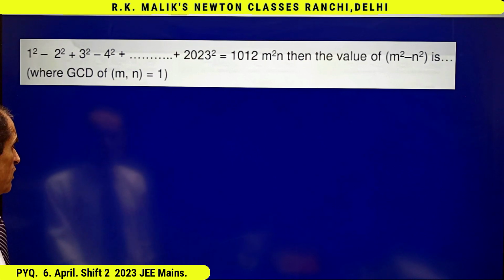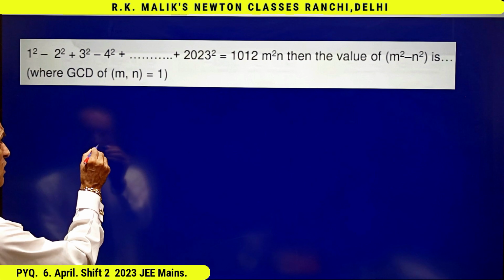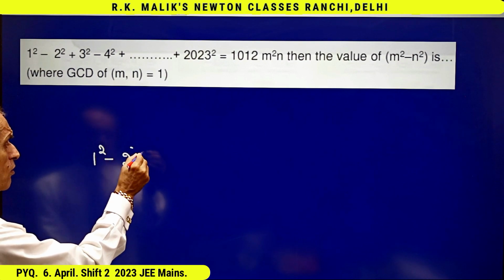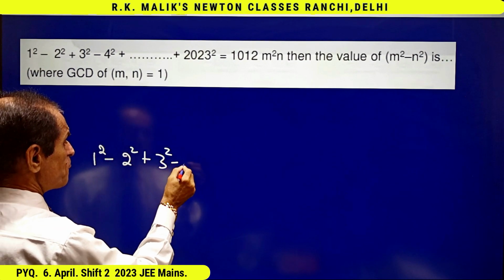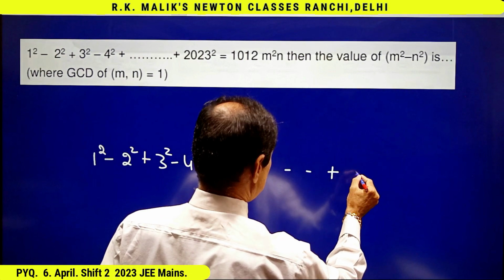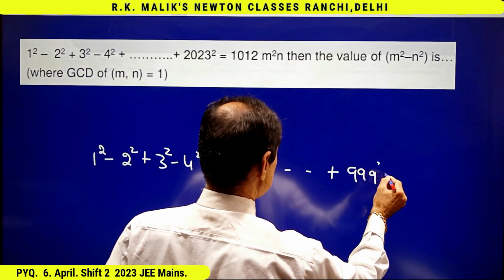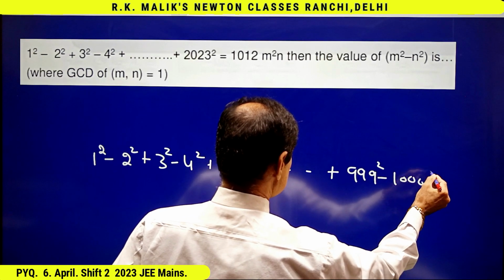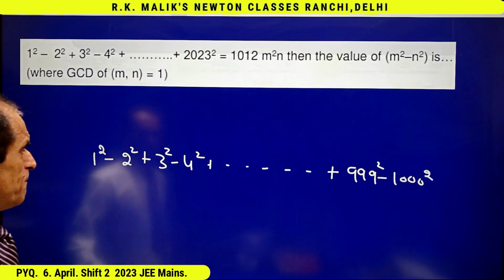Now if I ask 1 square minus 2 square plus 3 square minus 4 square up to 999 square minus 1000 square.